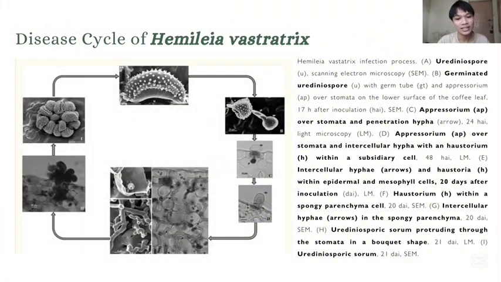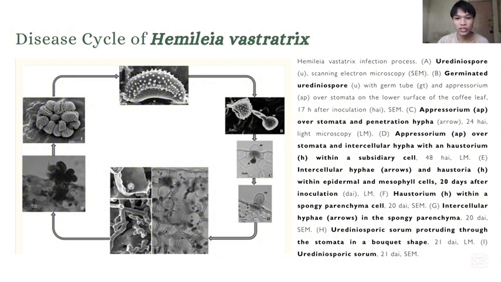The figure illustrates the disease cycle of Hemileia vastatrix. Its infection process starts with the initial phase, which is spore landing and germination. The urediniospore, the fungal spore responsible for the infection, will land on the lower surface of the coffee leaf. It appears as a small rounded structure under the scanning microscope, which can be observed in the upper center of the figure.